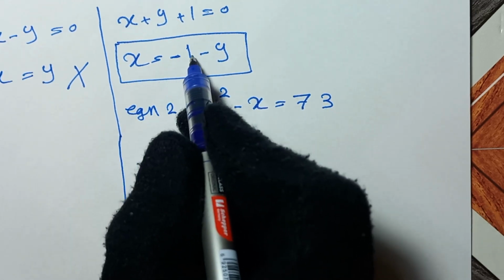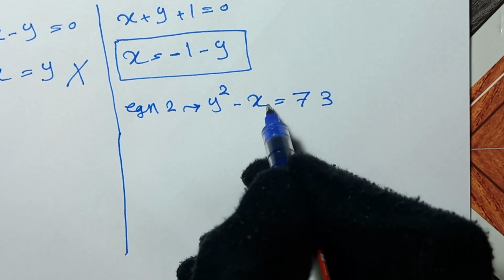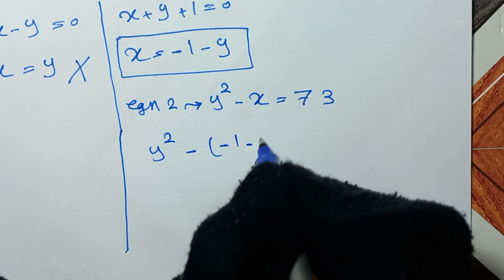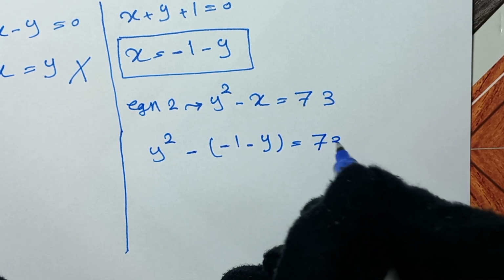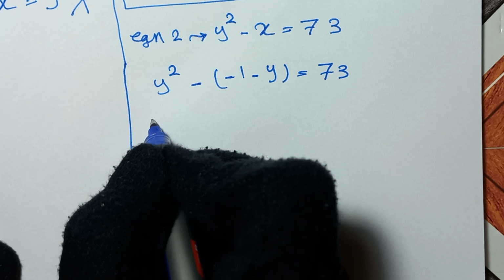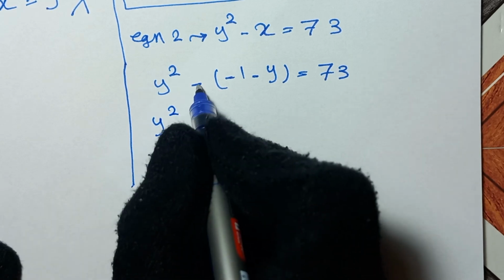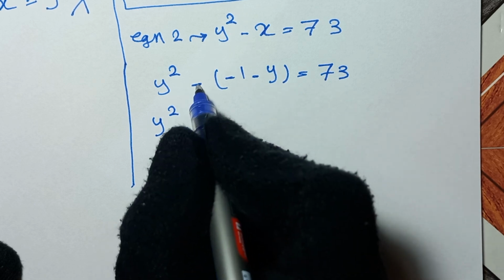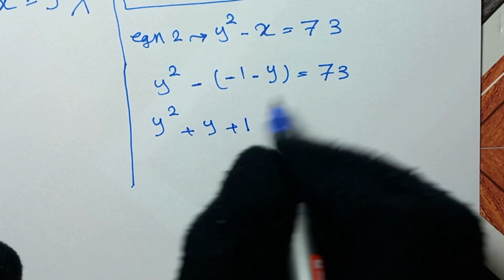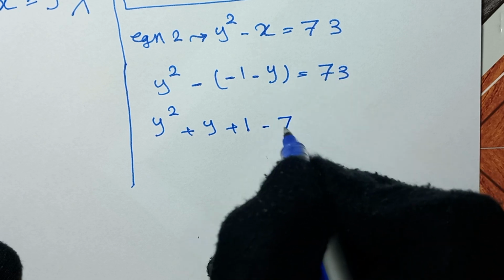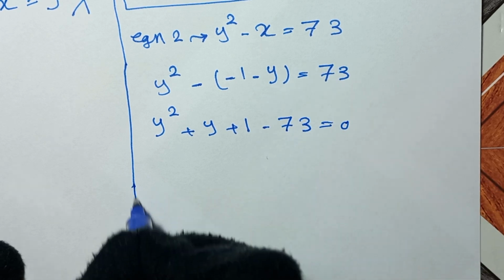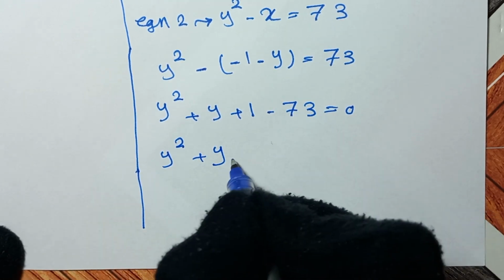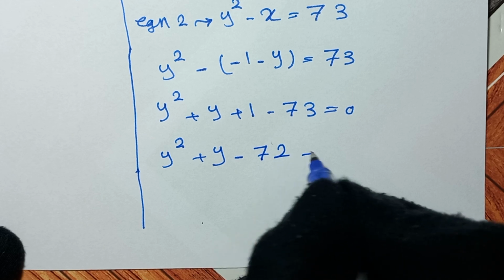Here x is negative 1 minus y, so we substitute it in this equation, and it will be y squared minus x, where x is negative 1 minus y, equals 73. Negative times negative y will be positive y, and negative times negative 1 will be positive 1, and we take this 73 to this side, it will be negative 73 equals 0. So it will be y squared plus y, 1 minus 73 is negative 72, equals 0.